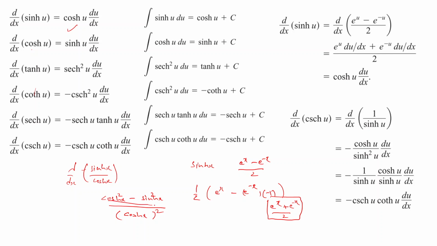But we know the identity cosh square minus sinh square equals 1. So 1 by cosh square, which is nothing but sech square. That's how we got this. Similarly, you can do this also. Basically, if you use the u by v formula, you will get all of this.